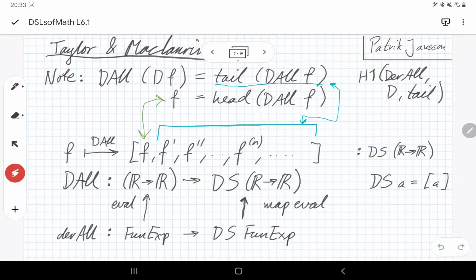And you know that Dall will return first its first argument, f prime, that's this rule, and then its derivative, which is the second derivative of f, and so on. So actually, these two equations specify Dall. I tell what the tail should be and what the head should be. And if I know what the tail and head is of an infinite list, that's all I need to know.